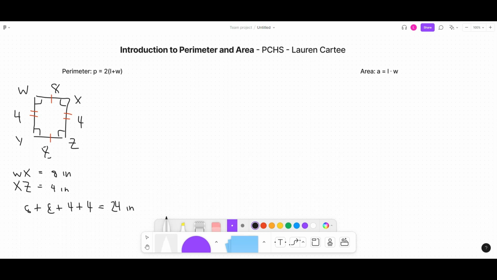Therefore, we would need 24 inches of tape to go around the sides of this canvas. We could also just use this formula right here, which would be a much more efficient method. Just substitute the length and the width, multiply by 2, and you would still get 24 as your answer.